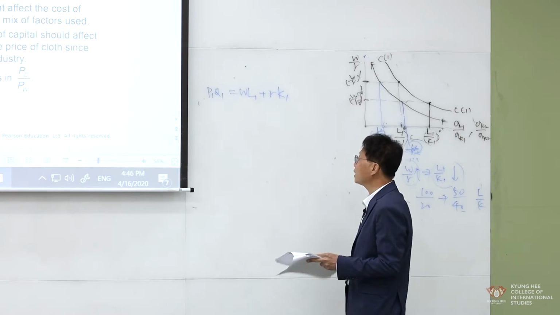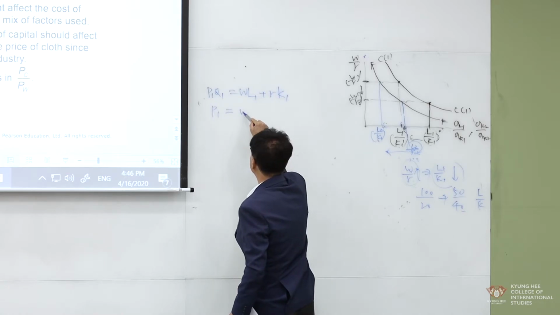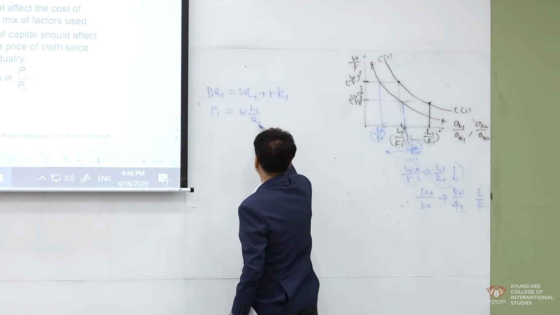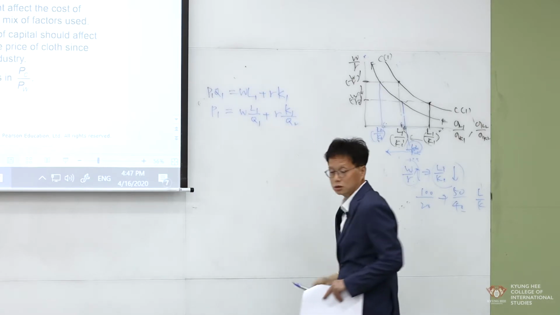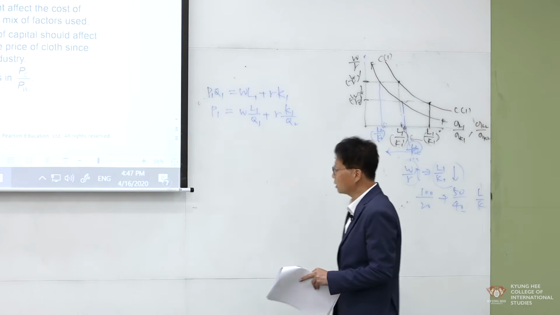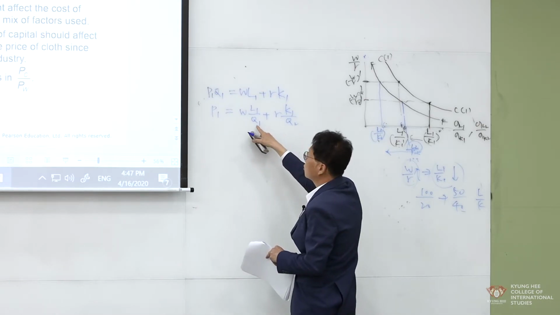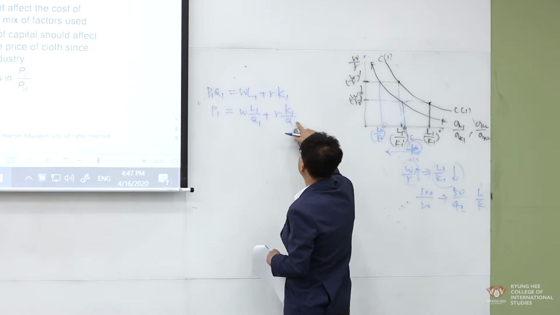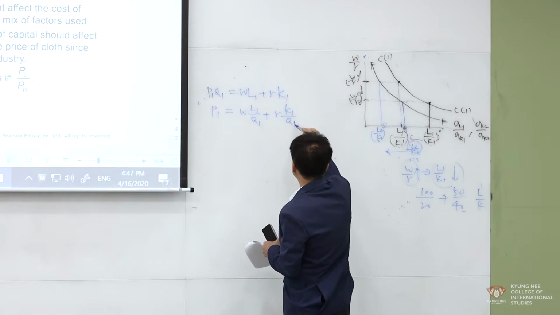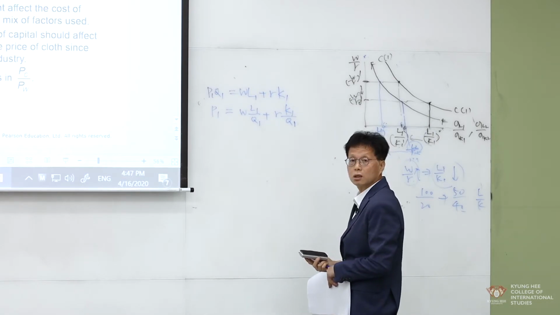Dividing both sides by Q1, what happens? P1 on the left, and on the right w L1 over Q1 plus r K1 over Q1, isn't it? And L1 over Q1 is aL1, and K1 over Q1 is equal to aK1.